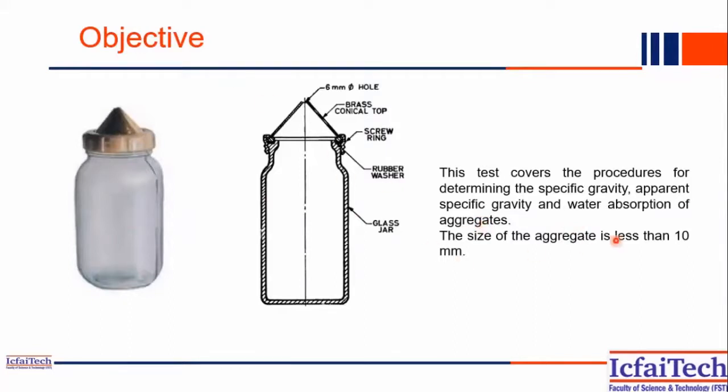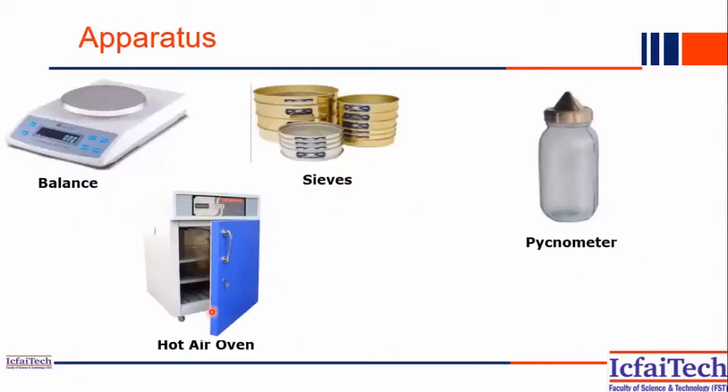Our objective of this experiment is to determine the specific gravity and water absorption of aggregate. The apparatus required to perform this experiment: we have a balance, a sieve, the pycnometer actual setup, and the hot air oven. In the last lecture you saw that we used a similar setup, but that time we additionally used the elongation and flakiness index apparatus.